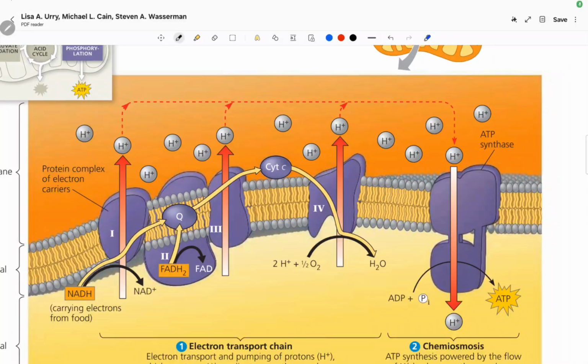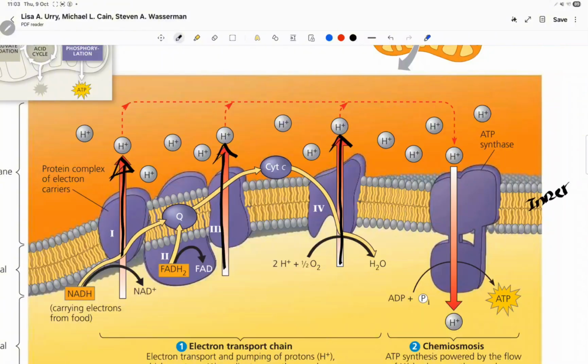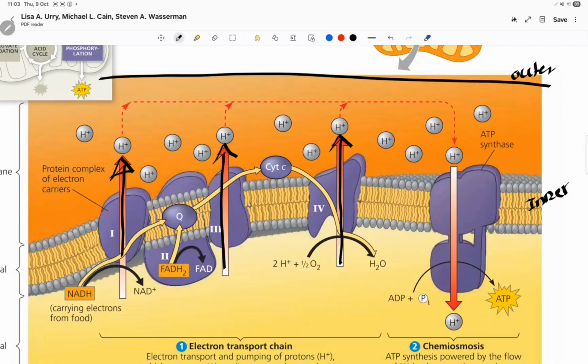Now, during the electron transport chain, the hydrogen ions will get pumped into this space. This space is between the inner mitochondrial membrane and the outer mitochondrial membrane. This space has a name.